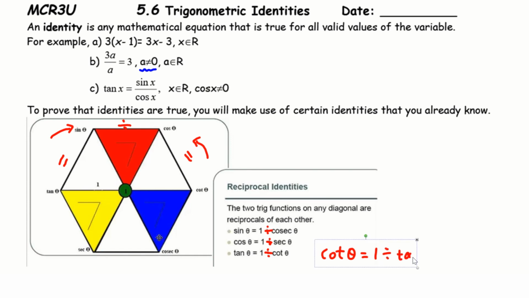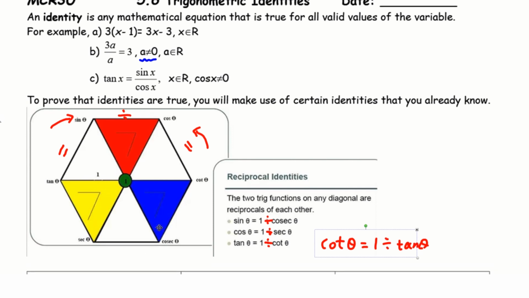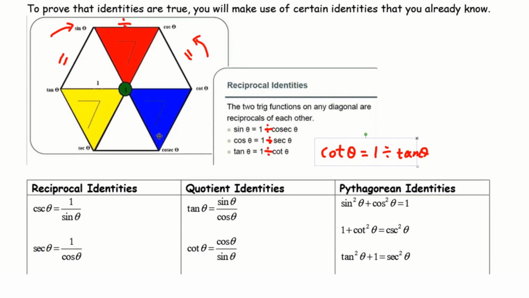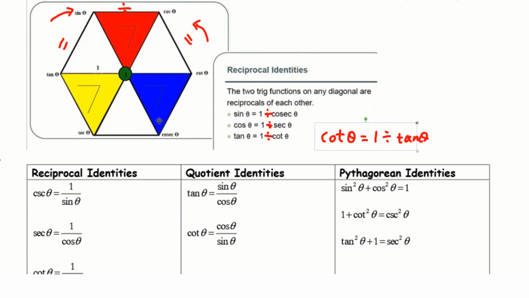And same thing for the others: secant theta equals 1 divided by cosine theta, cosecant theta equals 1 divided by sine theta. So we put all those trig identities you could use in this chart.